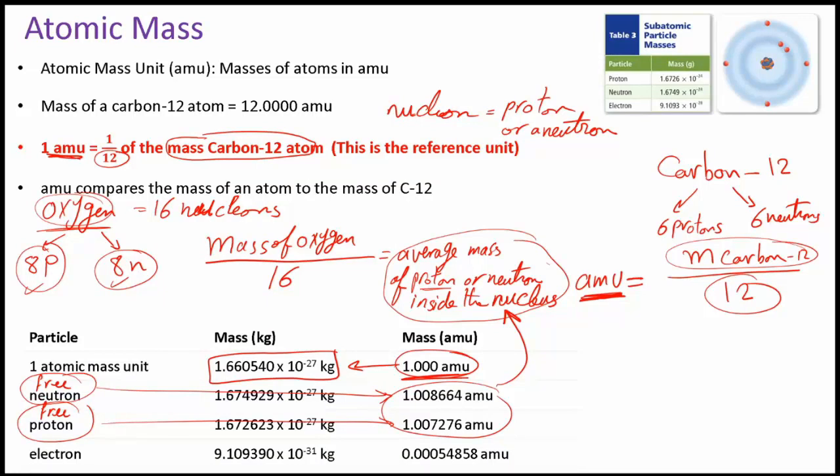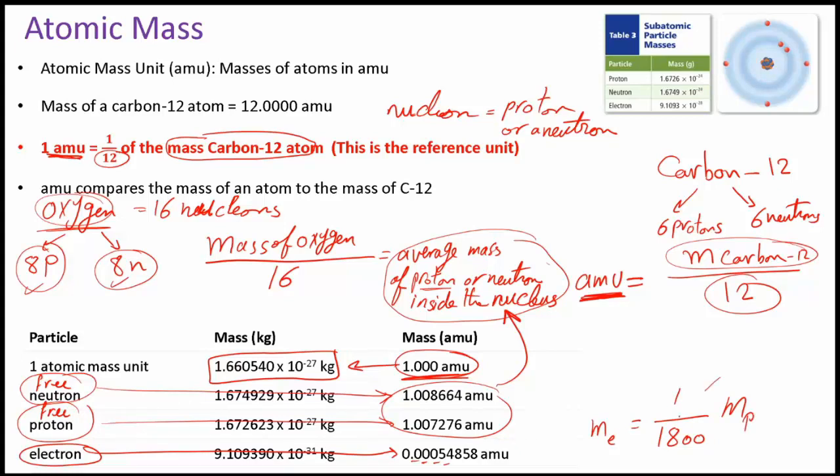Can you tell? Do you have any idea? You can guess. Because of electrons? Not the electrons. Electrons make no change, because if you look at the mass of the electron here, it's very, very small, 0.0005. The mass of the electron is almost 1 over 2000 or 1 over 1800 the mass of the proton or the neutron.